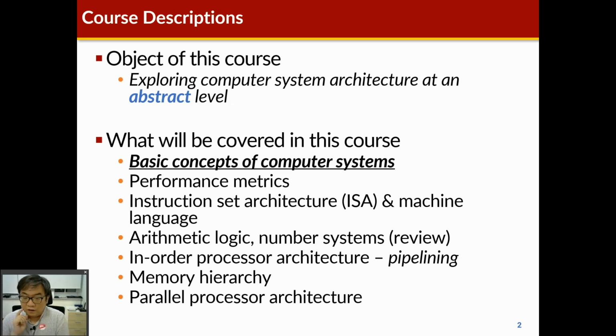The goal of computer architecture is to make better computer systems or better computer hardware. So what is better computer hardware? Good computer hardware has high performance and low cost. But in order to determine the level of performance of computer systems, we need to define performance metrics. I will explain this in future classes.